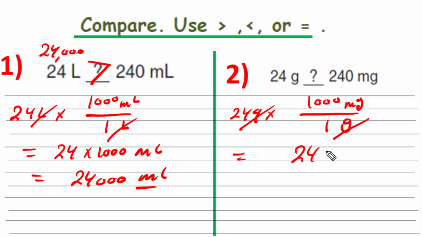We get 24,000 milligram. Now 24,000 milligram is greater than 240 milligram. So don't forget, guys, to compare between two sides, you have to convert to the same unit on both sides.